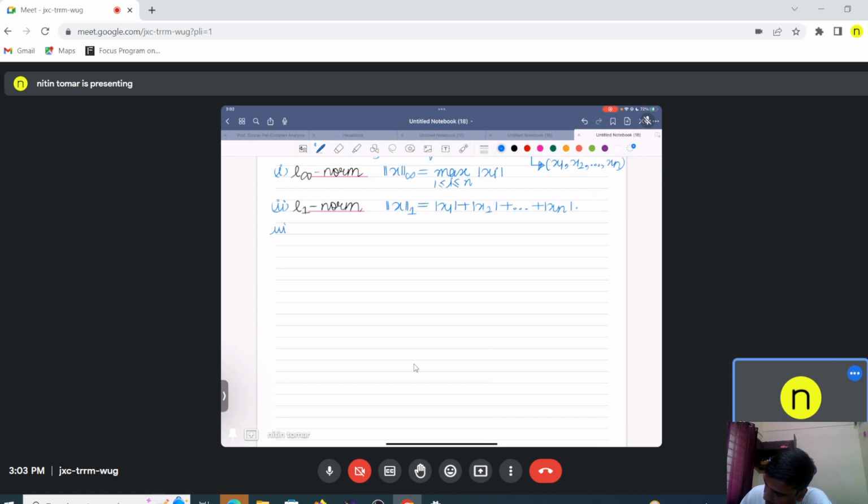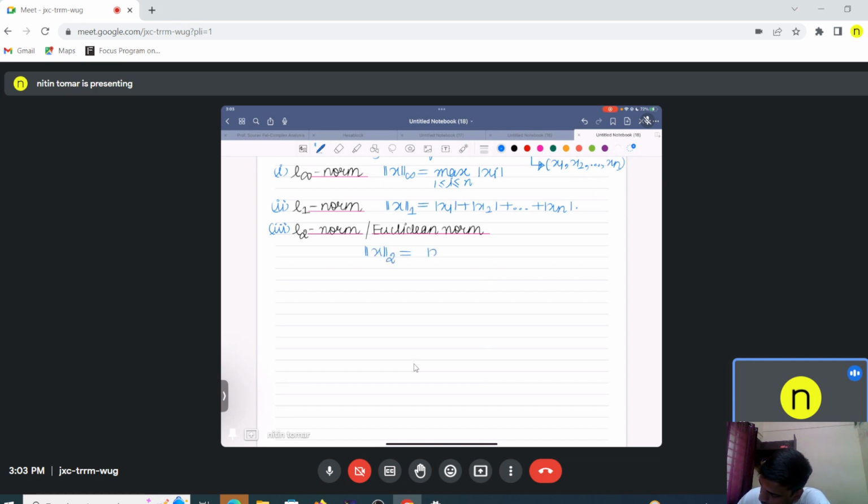And third is the L2 norm, or the Euclidean norm, and it was defined this way.